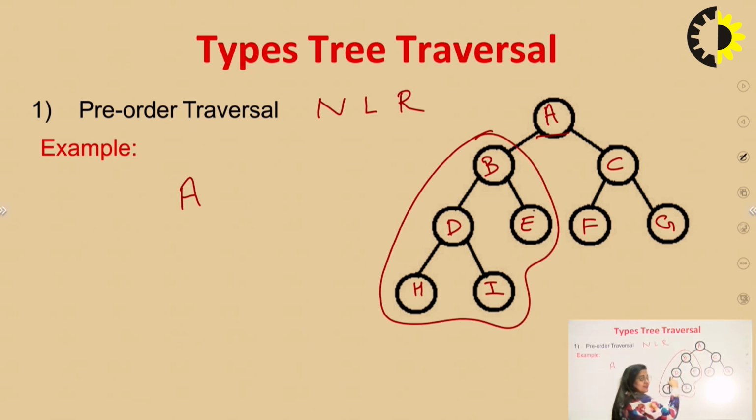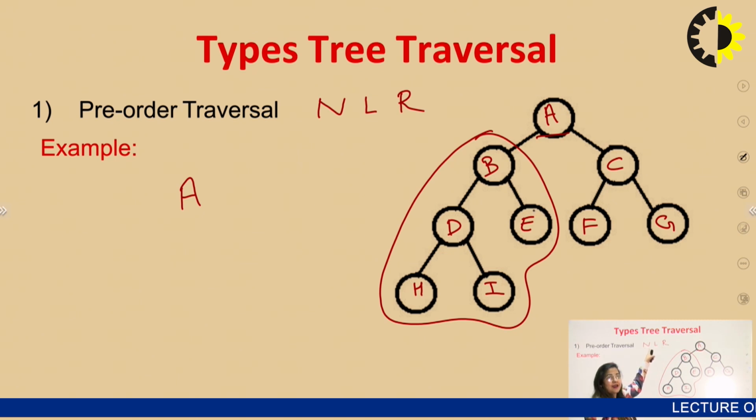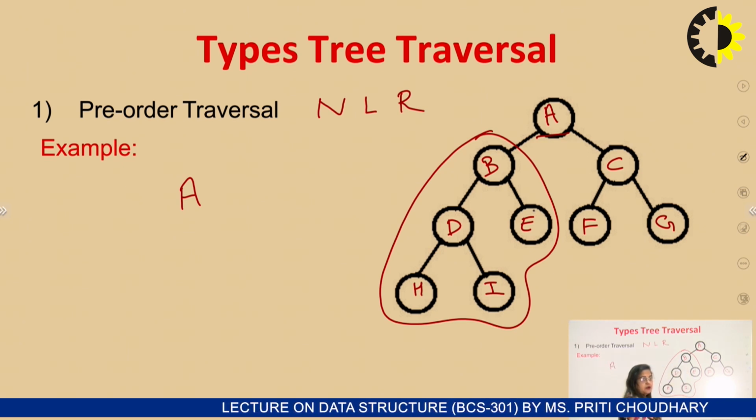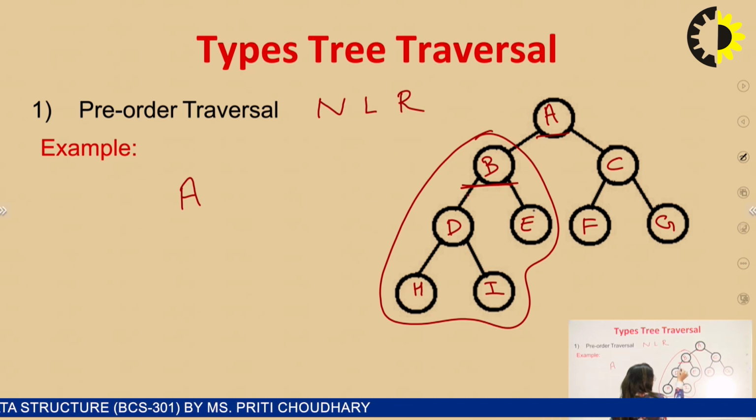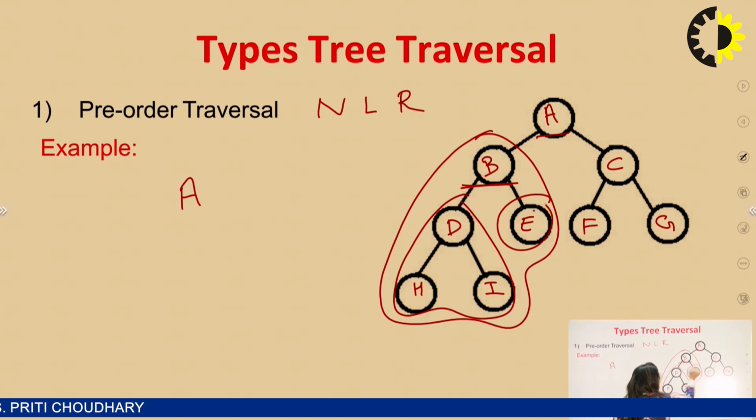Firstly complete this part, and after that come to the right part. So first is the root, then the left subtree. This is divided into another tree part: this is a root, this is the left subtree for this node, and this is the right subtree for B.